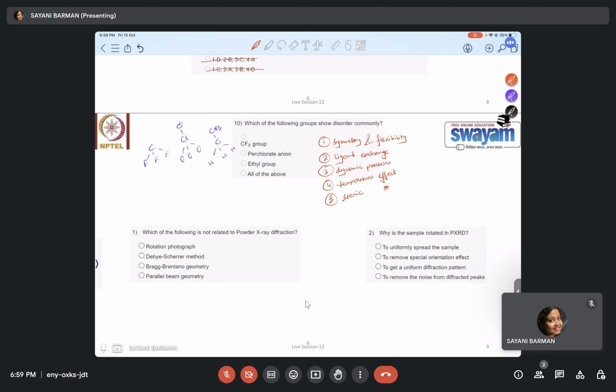Steric hindrance, or the repulsion between the electron clouds, can affect the stability of specific orientations within the tetrahedral arrangement. So this can lead to disorder as molecules or ions seek energetically favorable positions.